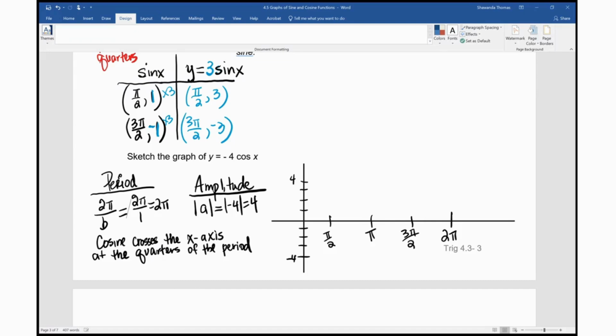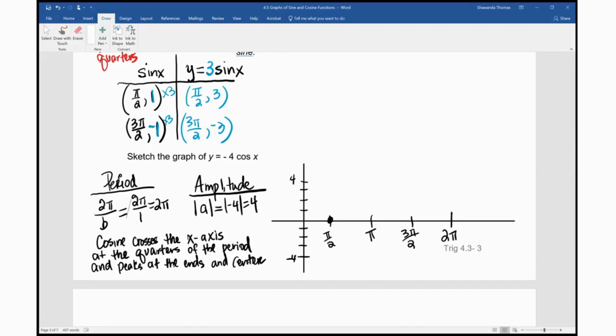And it peaks at the ends and center. So that means that pi over 2 and 3 pi over 2 would be the quarters, and it peaks at the ends and the center.